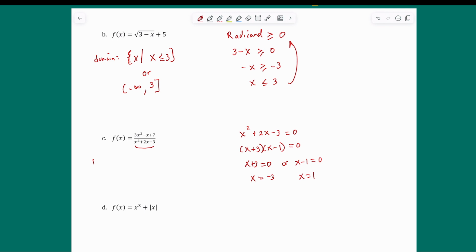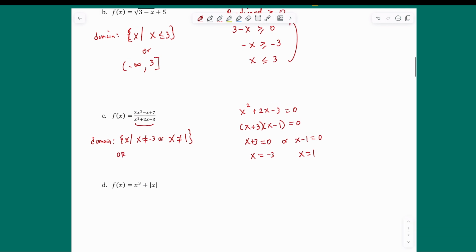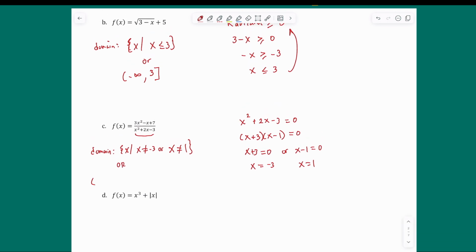All right, so the domain here in set builder notation is the set of x such that x is not equal to negative 3 and x is not equal to 1. So it can't be either one of those values. In interval notation, it's a little more tedious to write, but it would be negative infinity to negative 3, closing parenthesis, because we don't want to include negative 3.